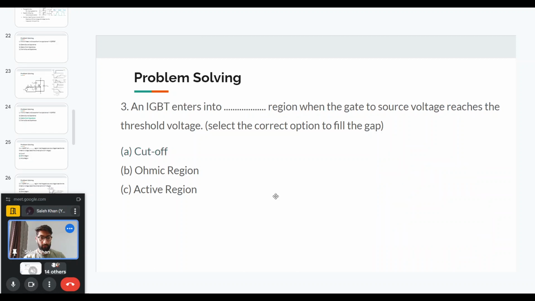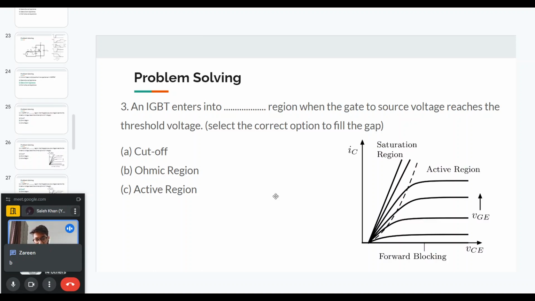Similarly, now an IGBT enters into which region when the gate source voltage reaches the threshold voltage? Now it has reached the threshold voltage. Actually, for the IGBT it should not be ohmic, sorry, the third option should be the saturation region.